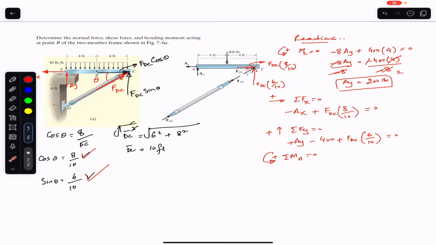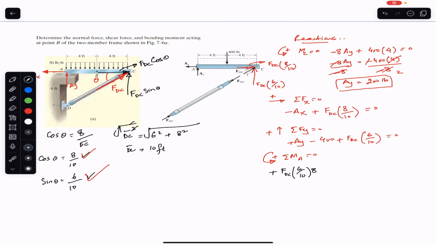So this FDC 6 divided by 10, which is the sine component, is going to produce the moment about point A in the counterclockwise direction. So I will write plus FDC 6 divided by 10. The moment arm of this component from that point A is the length of this AC, so we will multiply it with 8.